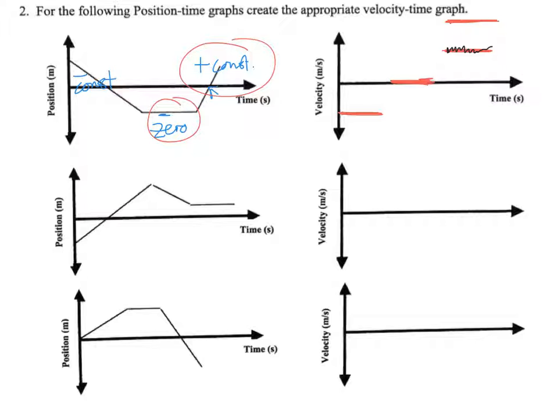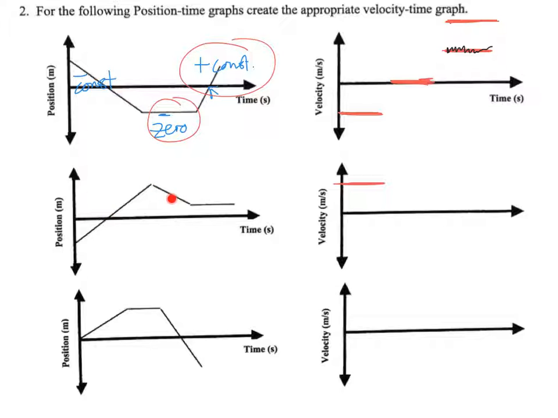We may have to go faster this time. This right here, what kind of slope is that? Positive and constant, which means this better be above the t-axis. What kind of slope is this part? That's negative and constant. And notice that's not happening for as long as this one.